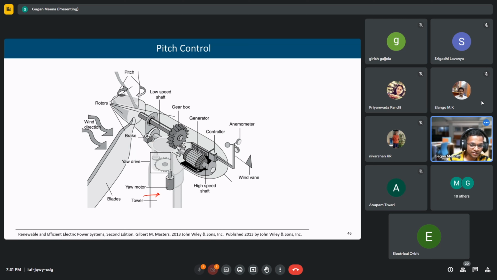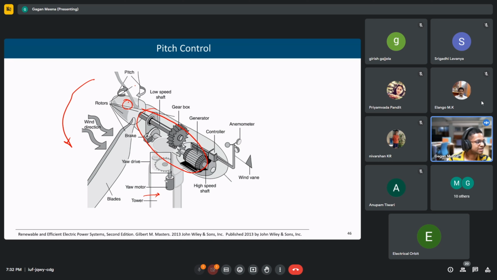This motor can move this entire rotor, blade, hub, and this entire block. All these three can move together, so they can move like this over the tower. This is done by the yaw motor.